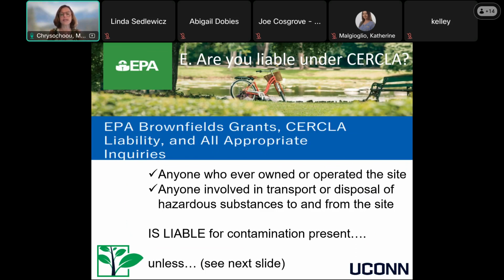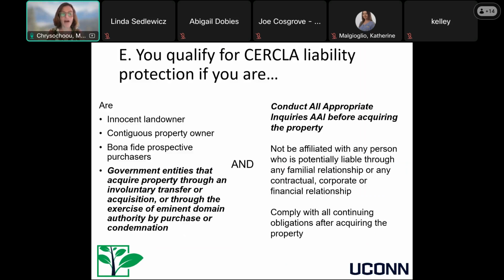So in simple words, CERCLA says that anyone who ever owned or operated the site, and anyone involved in transport or disposal of hazardous substances to and from the site, is liable for contamination present, unless you can qualify as an innocent landowner, as a contiguous property owner, as a bona fide prospective purchaser, or if you are a government entity that acquired the property through an involuntary transfer or acquisition, for example, you seized it through a tax process or through the exercise of eminent domain authority by purchase or condemnation.